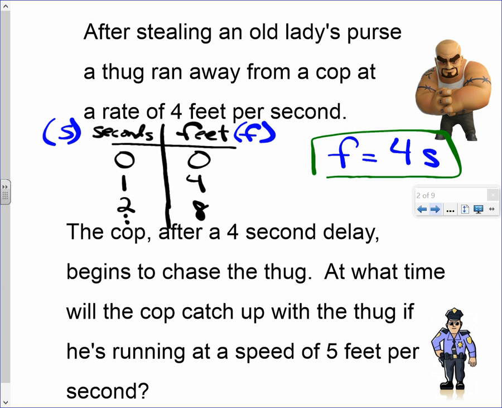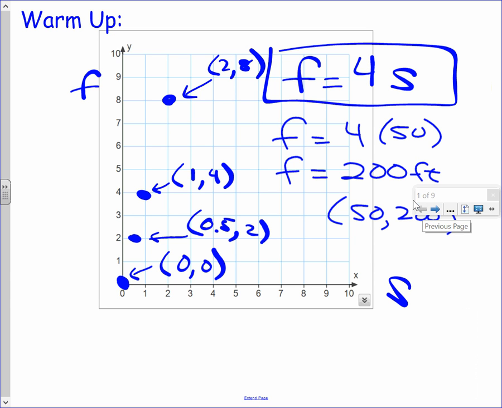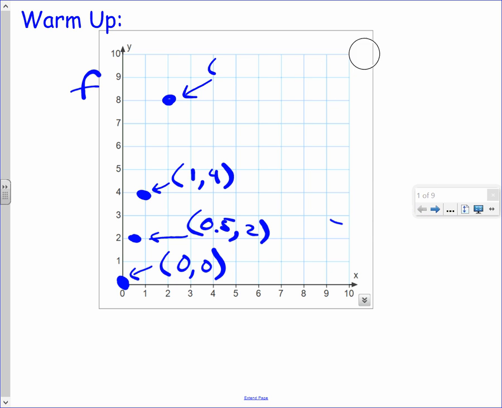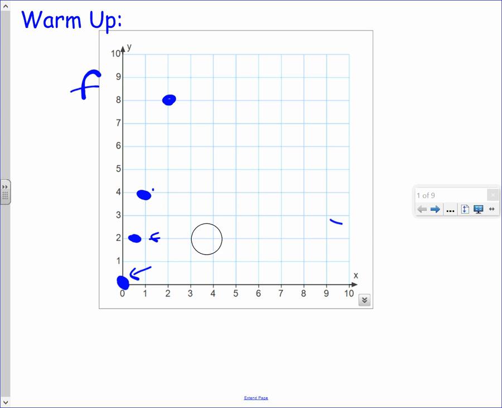We graphed it for a warm-up, I forgot how many days ago. Let me put the graph up here. So why are domain and range a big deal? Why do mathematicians care about what values x can be and what values y can be?